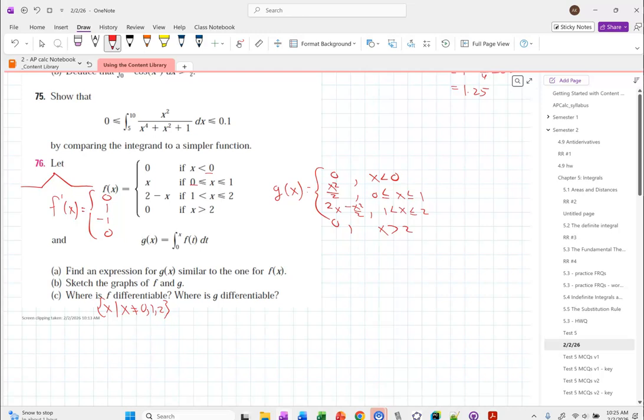What else would you guys like to do? Yeah, can you do more of the AP questions? Multiple choice or FRQ? I don't know. Whatever you can do, do more.